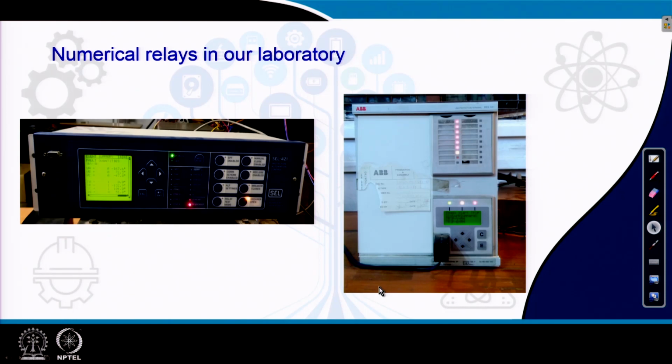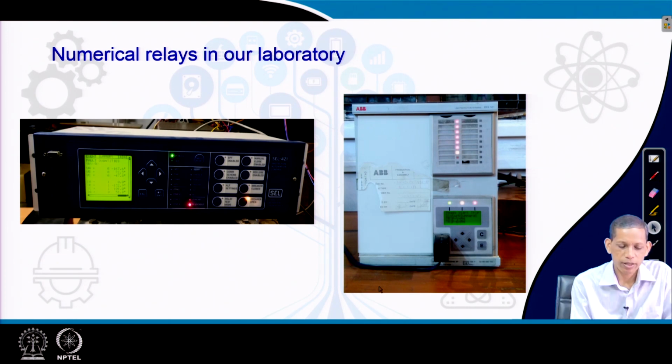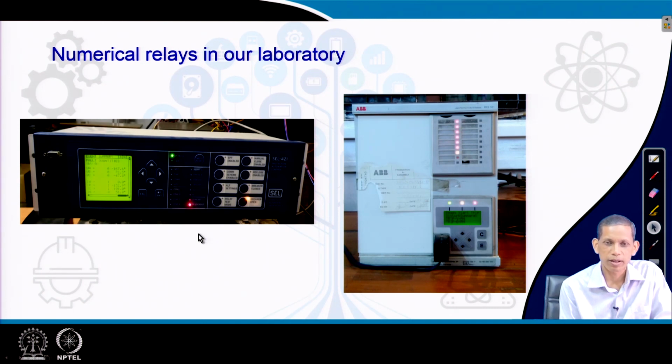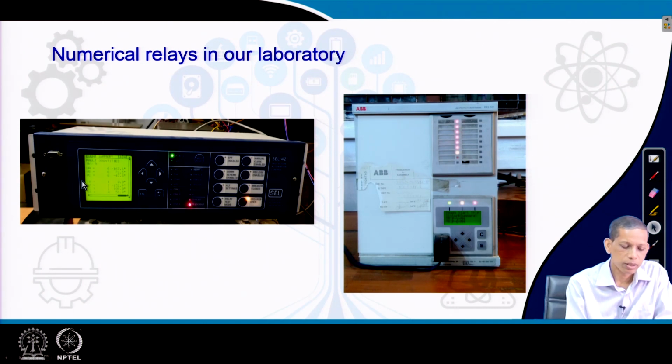This is a picture of a numerical relay available in our laboratory. This is the front panel, where we have LED lights that are indicators in case of trip, in case of alarm, and so on.